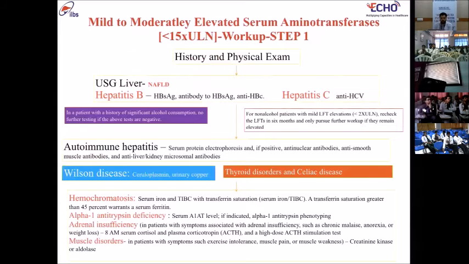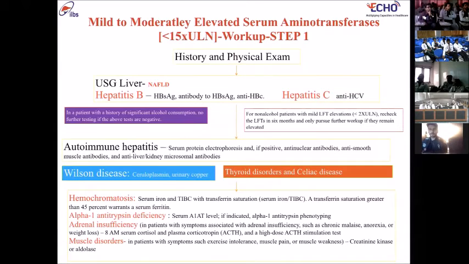The workup is usually to look for serology, that is hepatitis B and C, check an ultrasound looking for any changes of fatty liver disease, look for the markers of autoimmune hepatitis, rule out Wilson's, and look for thyroid and celiac disease.